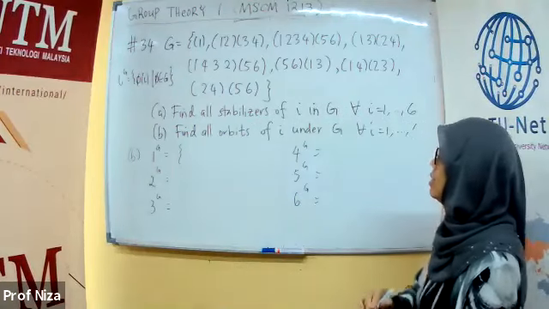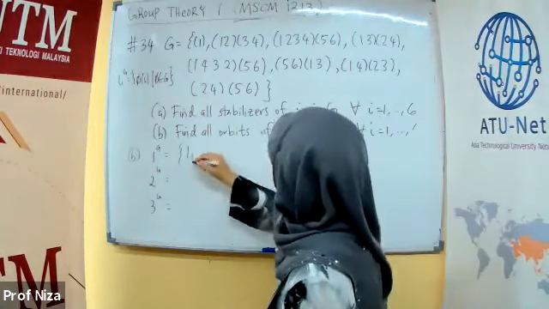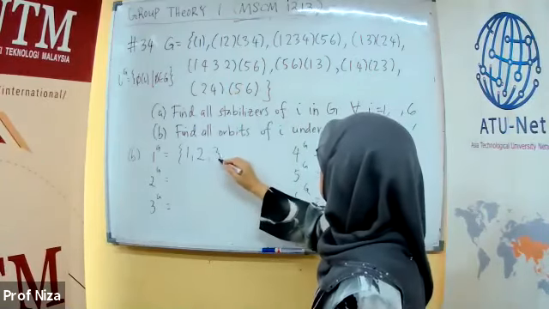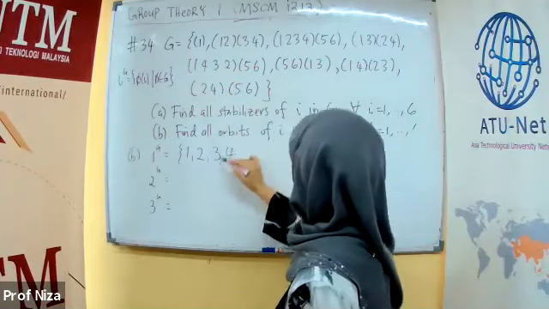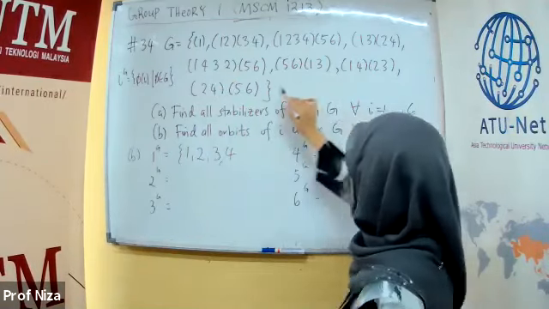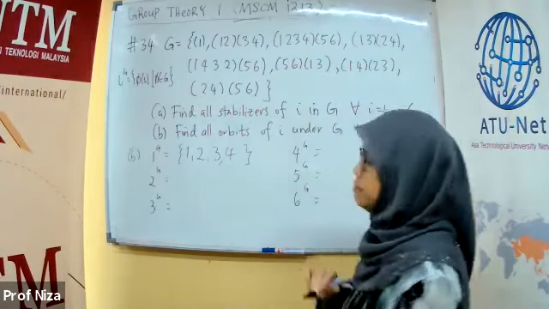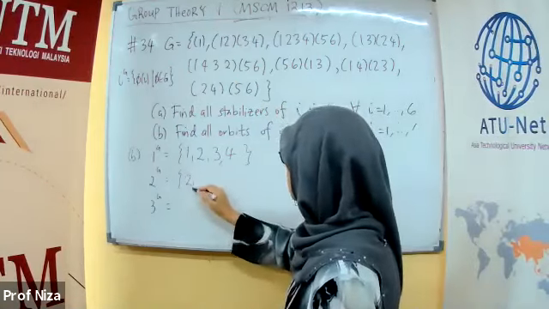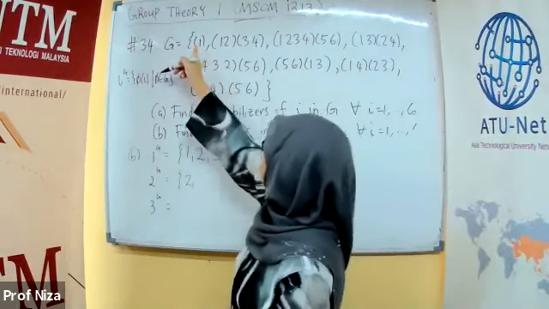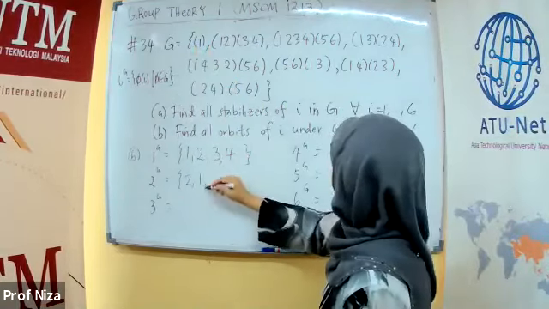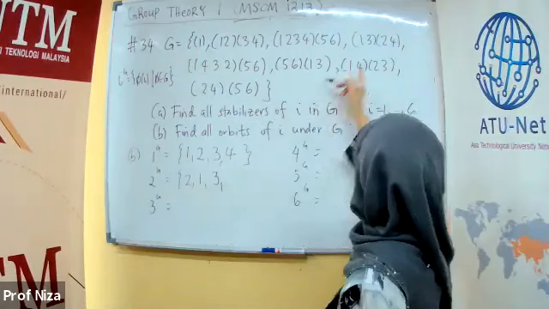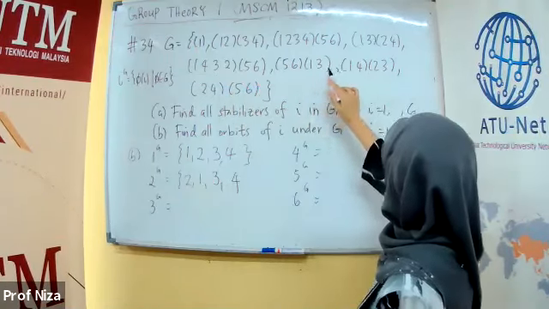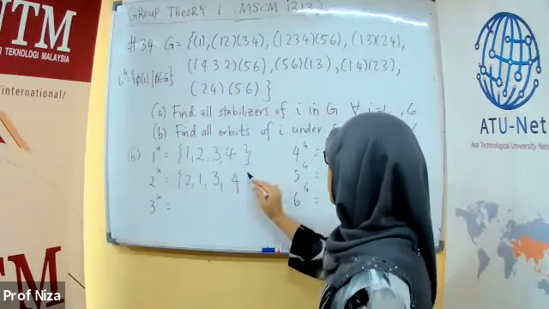Find the image of 1: 1, 2, 3, 4. Okay? Image of 2: 2 goes to 2, and to 1, 3, 4.